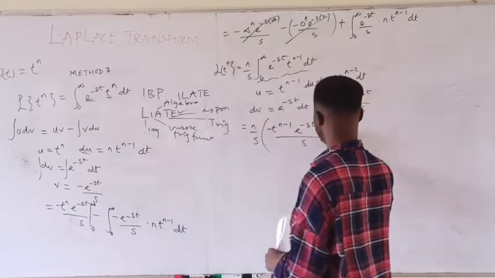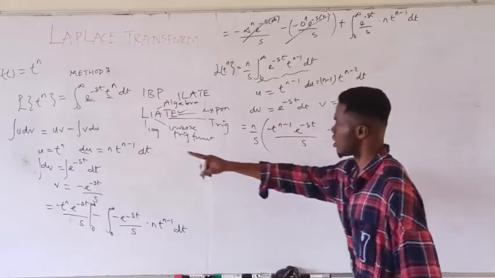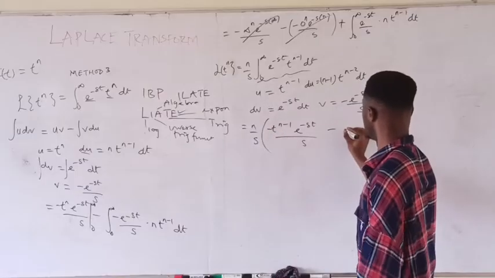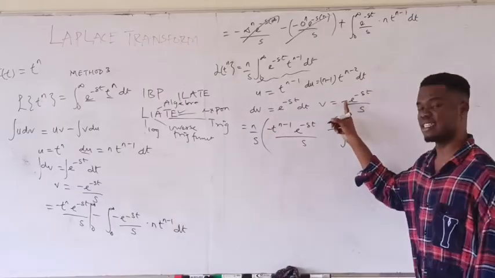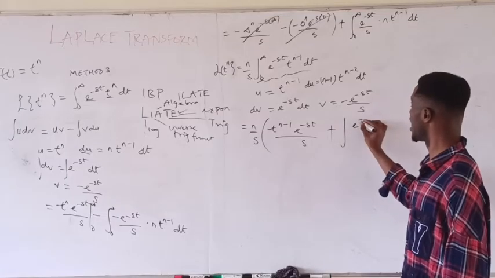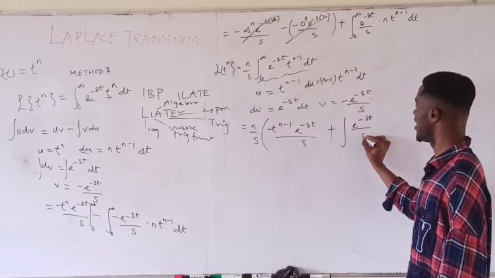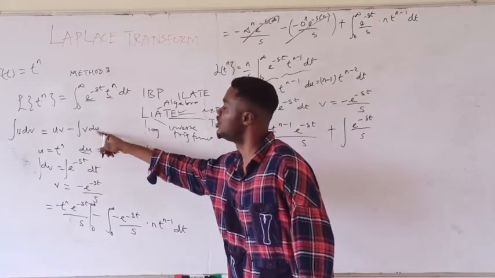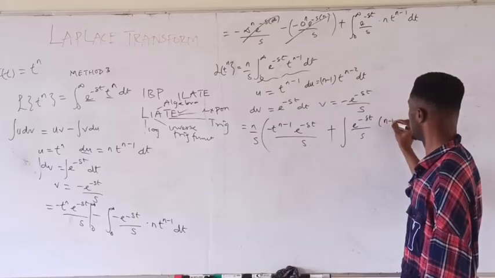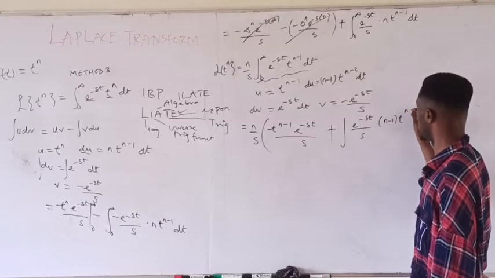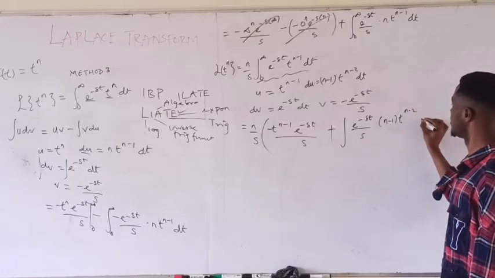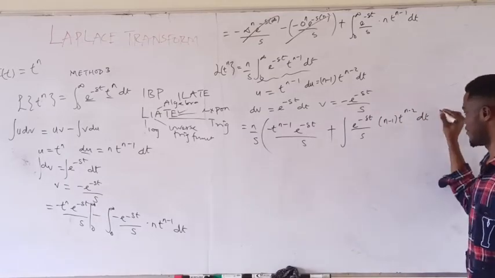Minus the integral of v du. Since there is a minus on this v, let me just change it to positive. So I have minus exponential of minus st divided by s multiplied by our du, and the value of our du here is n minus 1 t raised to the power of n minus 2 dt. So this is what we have, right?